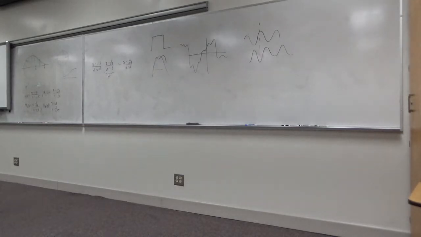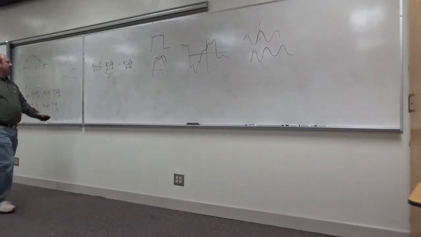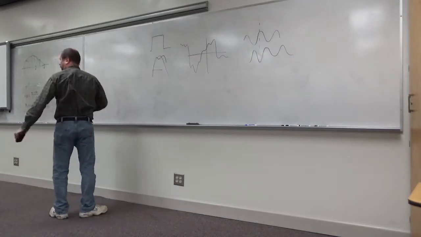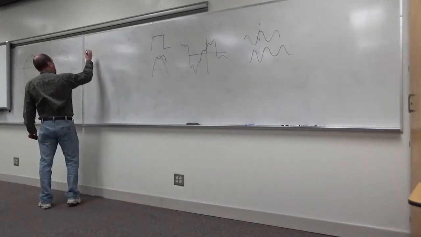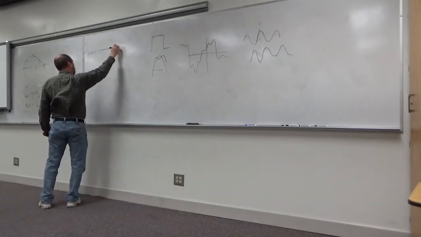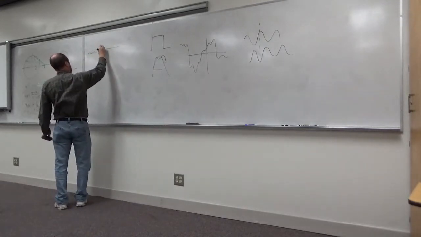Okay? So, if I were to say, I have a particular filter that I have discovered, and it has a transfer function like this, and it is a wonderful filter.